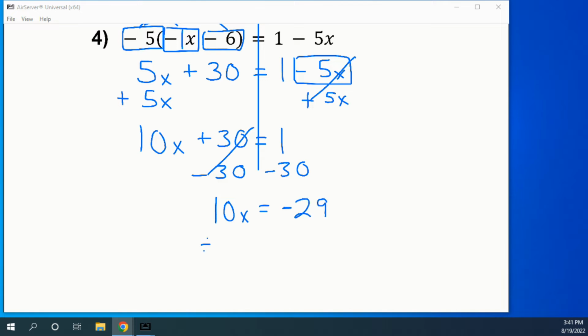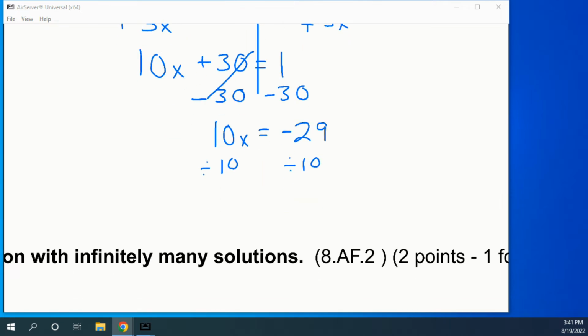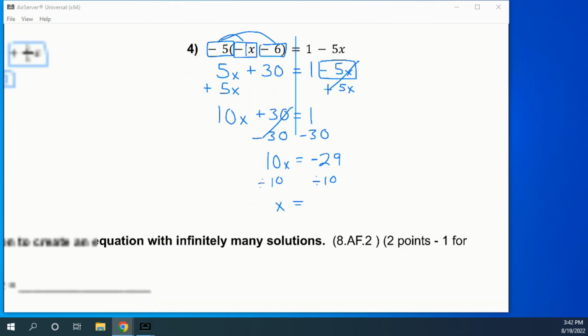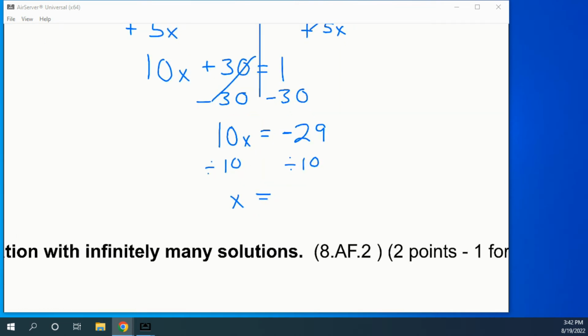And then I'm going to divide both sides by the coefficient of 10. And I'm going to use a calculator on that. -29 divided by 10. So I got -2.9. I'm going to use -2.9 because I would be willing to bet that you guys did that.